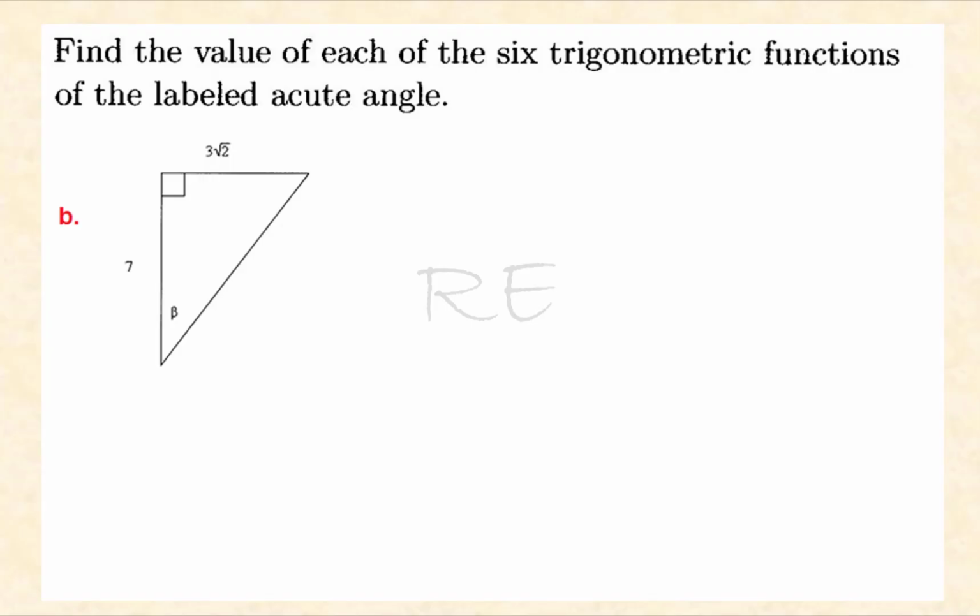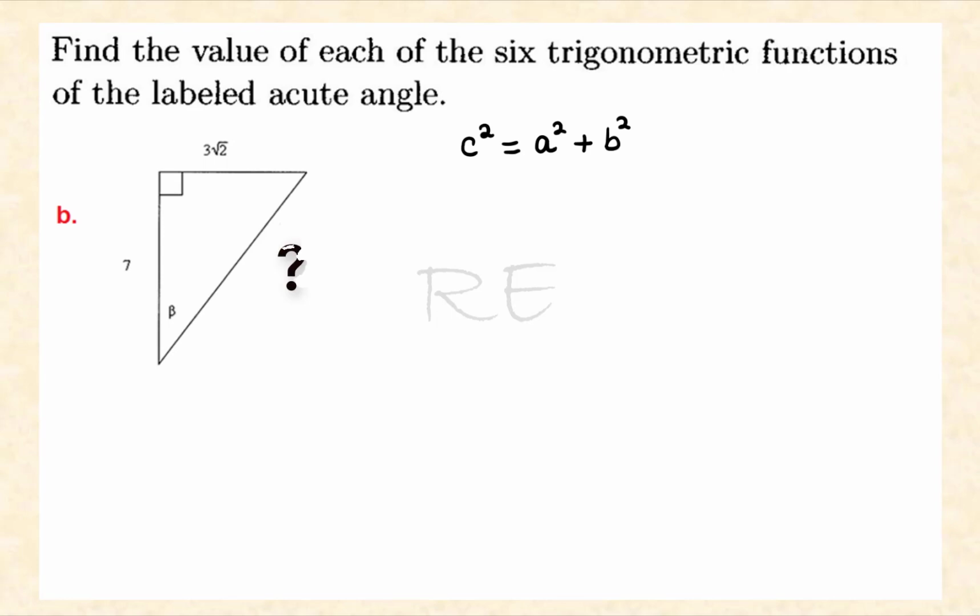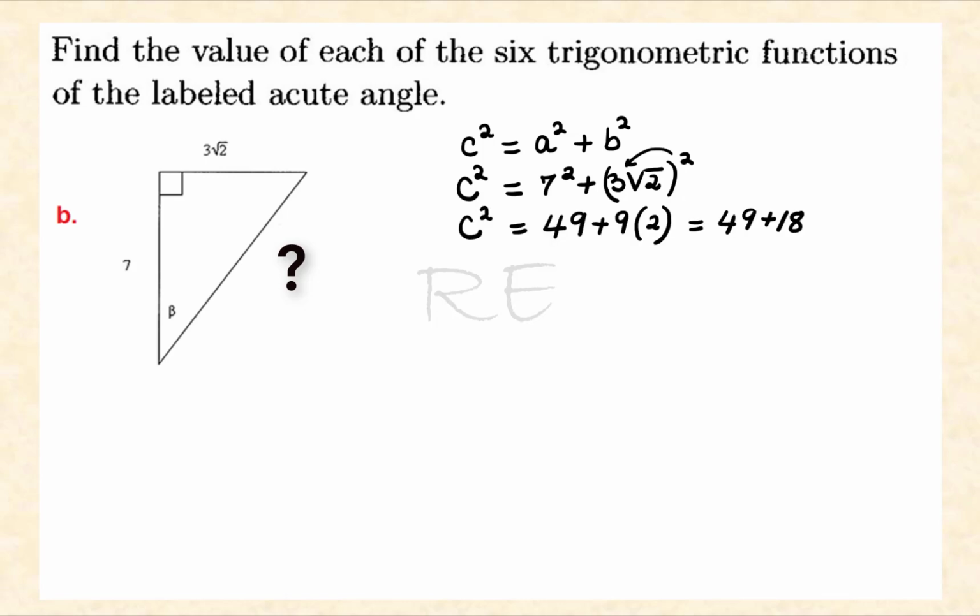We need to find the values of the 6 trigonometric functions of the acute angle beta. C squared is equal to A squared plus B squared, and the missing side is the hypotenuse. So C squared is equal to 7 squared plus 3 square root of 2 squared.